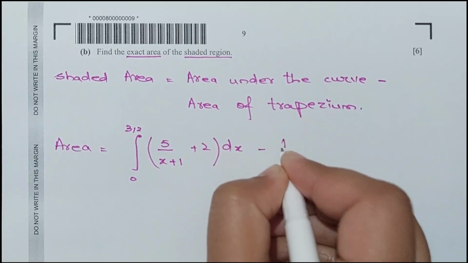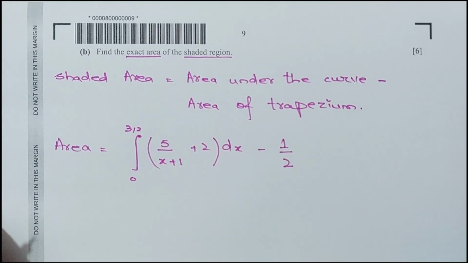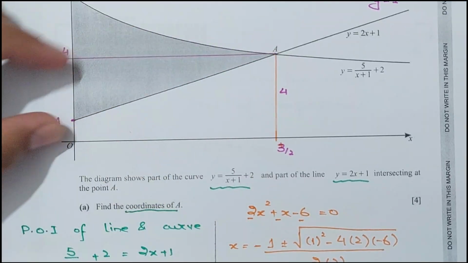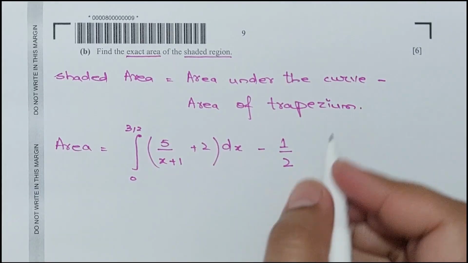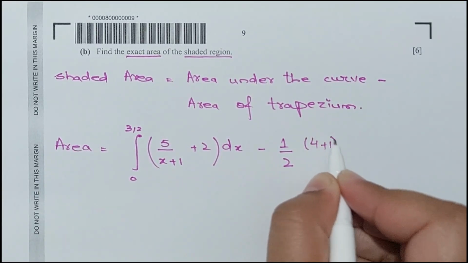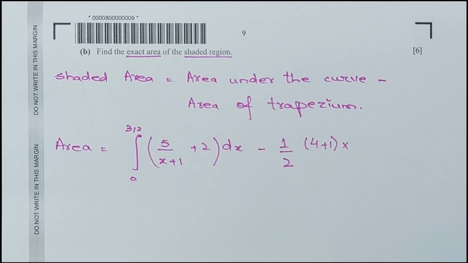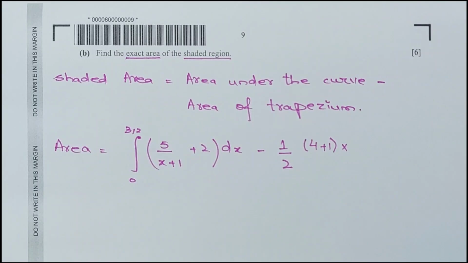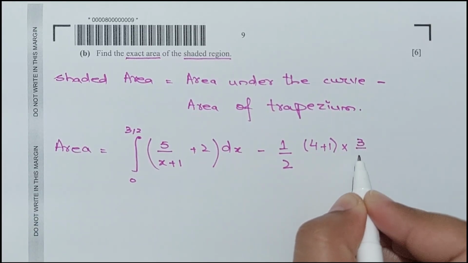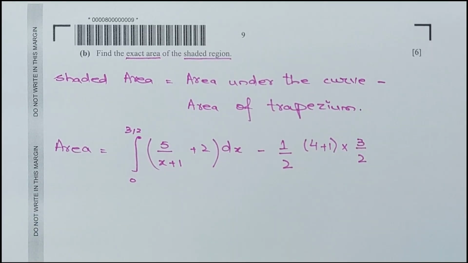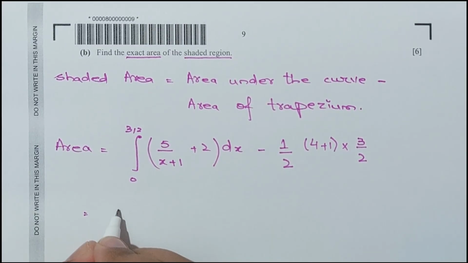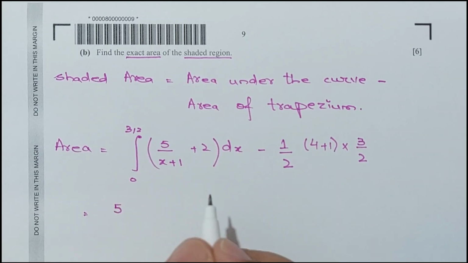Minus the area of a trapezium, which is half the sum of the two parallel sides. The two parallel sides are 4 and 1. 4 plus 1, multiplied by the height of the trapezium. This is the height from 0 to 3 by 2, so 3 by 2 is the height. Okay, so now we have 5 times 1 over x plus 1.